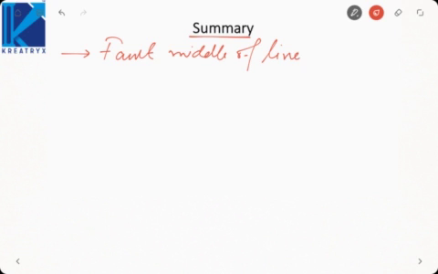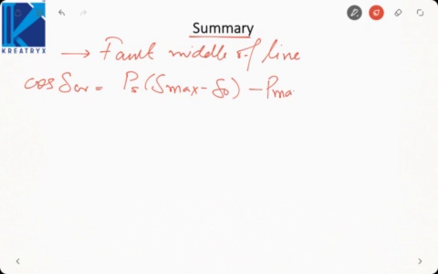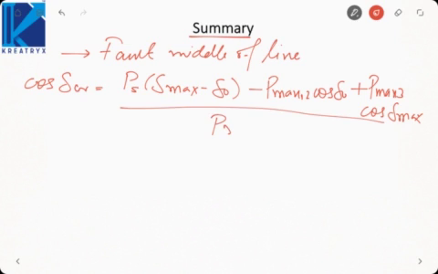There we saw the power transfer during the fault was non-zero, and we determined the transfer reactance X2 by solving the circuit, and determined critical clearing angle, cos delta naught, divided by Pmax 3 minus Pmax 2.